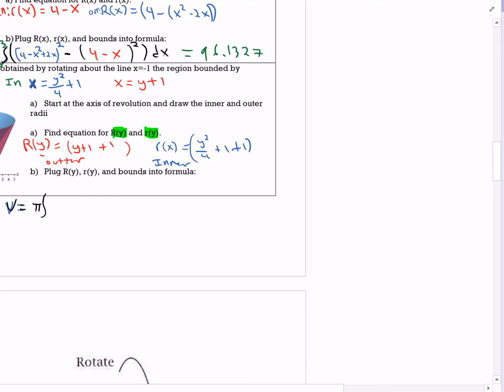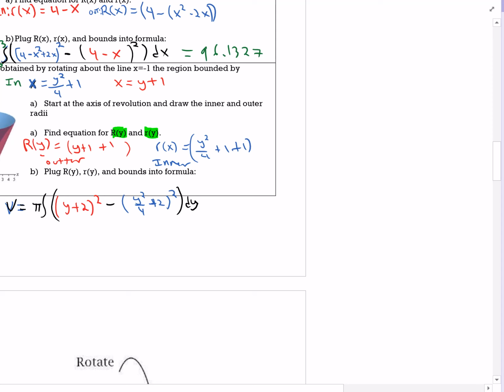And we're going to do the outer radius squared, so we're going to take y plus 1. Actually, we can simplify that, right? y plus 1 is the same as y plus 2 squared, because it's the radius squared for the area of a circle, minus the little radius, which is going to be y squared over 4 plus 2 squared, and we're integrating this whole thing with respect to y. So we have a little dy over here.